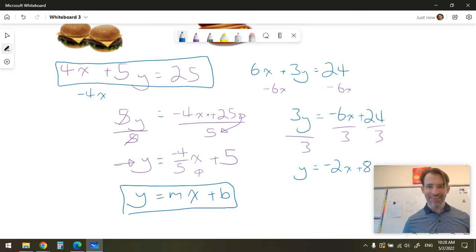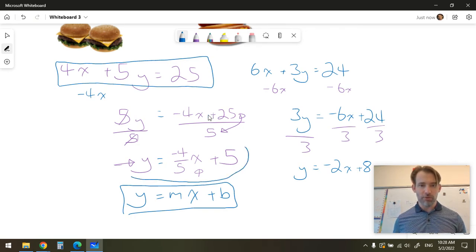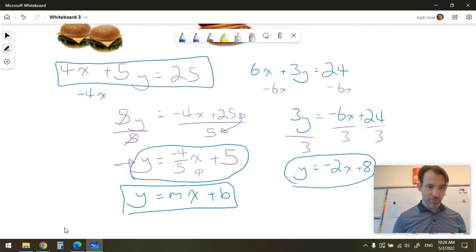All right, cool. So now let's remember these equations. This one here, y is equal to negative 4 over 5x plus 5, and y is equal to negative 2x plus 8. Okay, and one moment, and I'll grab us a piece of graph paper.